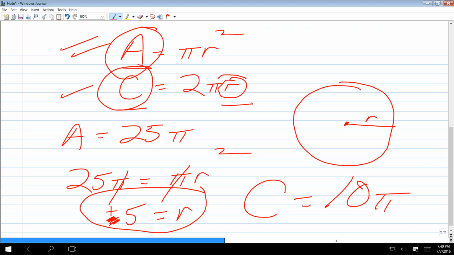Or if they give you the radius, you can figure out all three. And by all three, I mean area, circumference, and radius. Those are the only three things that really make a difference when you're talking about circles. All right. Let's take a look at some of these problems.